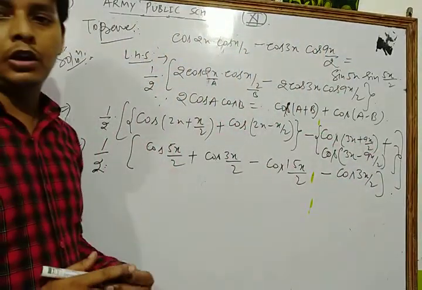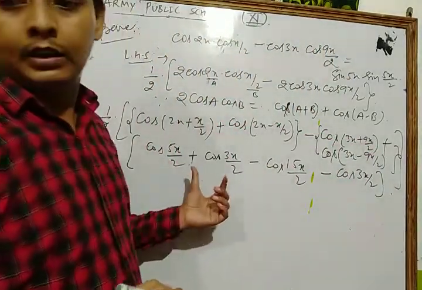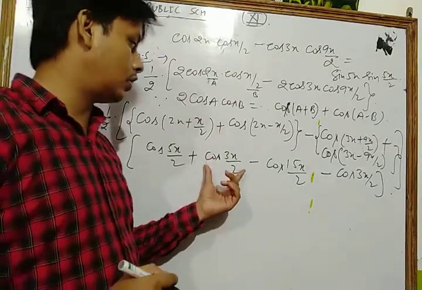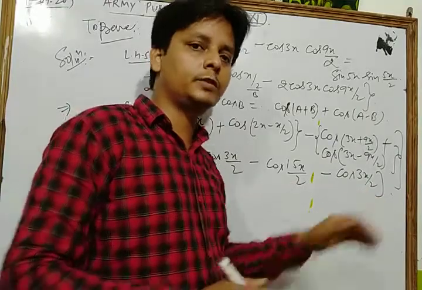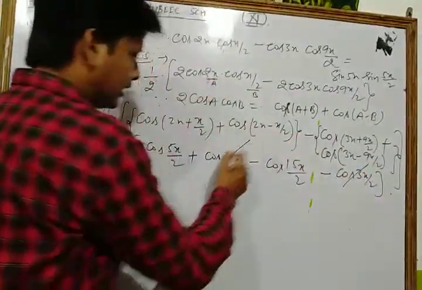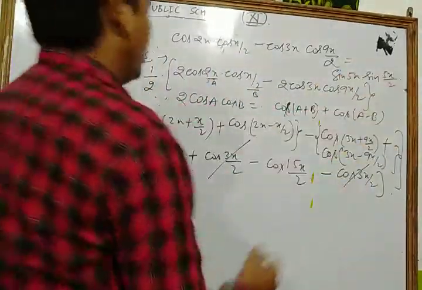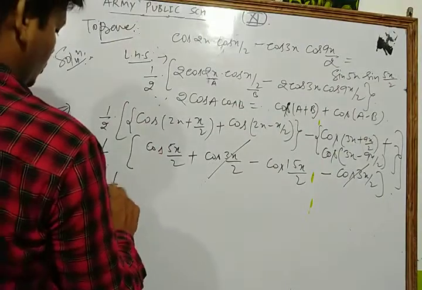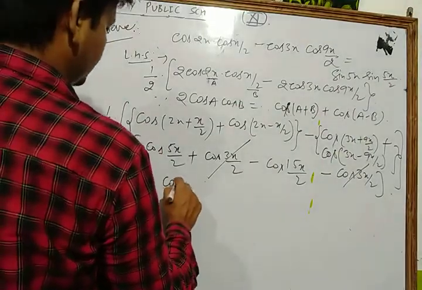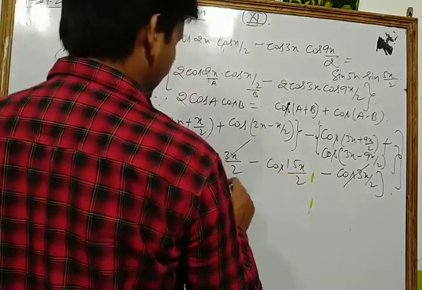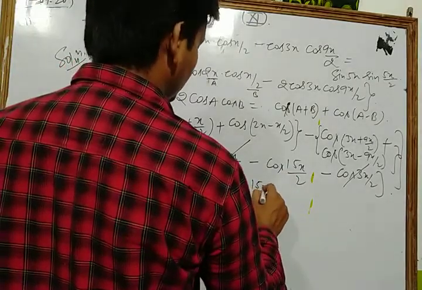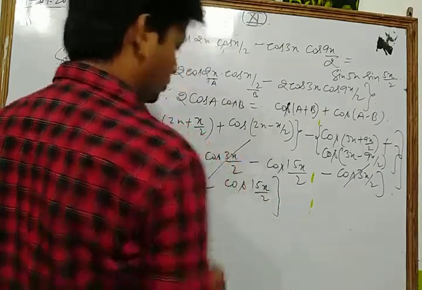Okay, now let's see, this is cos 3x by 2 and this is minus cos 3x by 2, so those parts cancel each other. Now 1 by 2 into, in bracket, cos 5x by 2 minus cos 15x by 2.